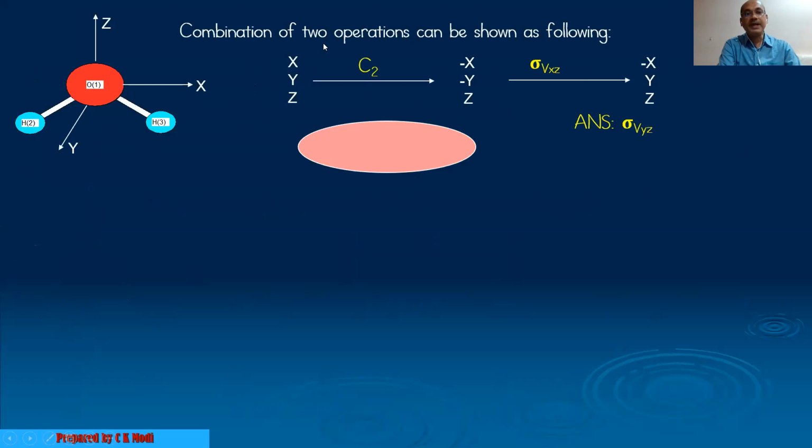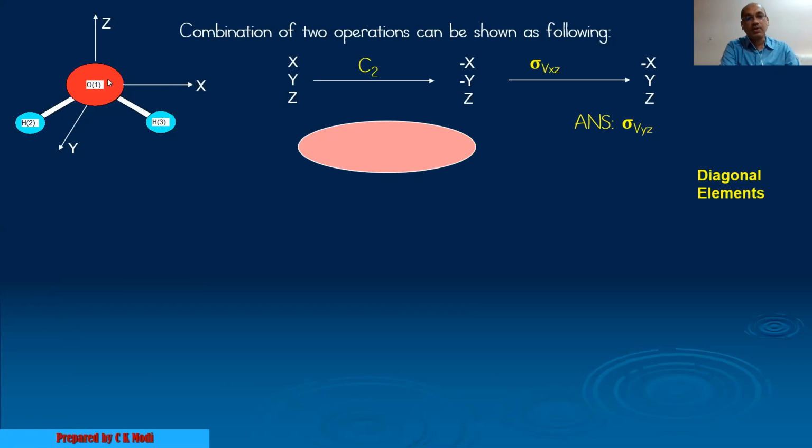A combination of two operations can be shown as follows. That means if I perform the C2 operation followed by sigma v xz. So look at these two operations.